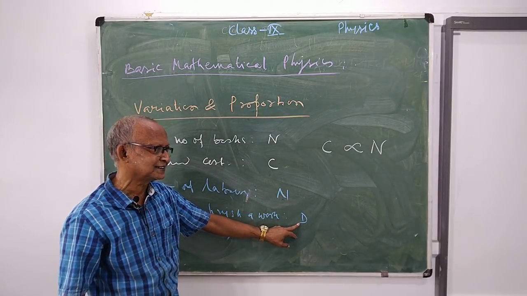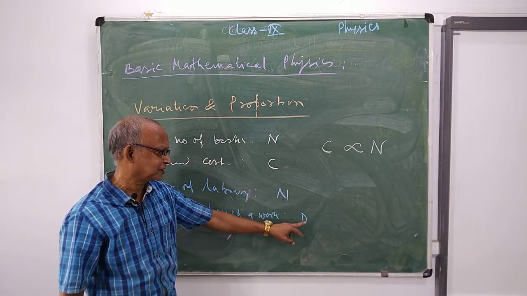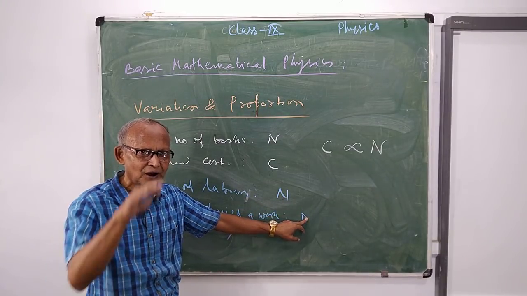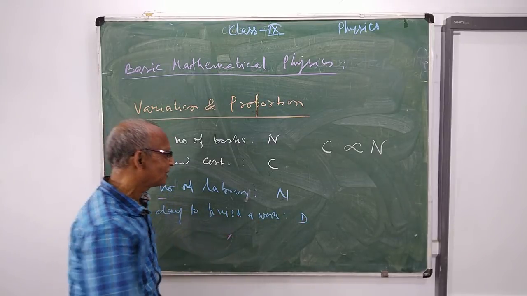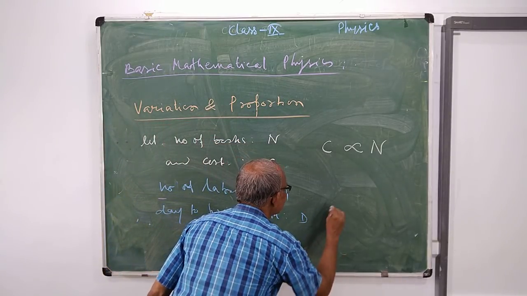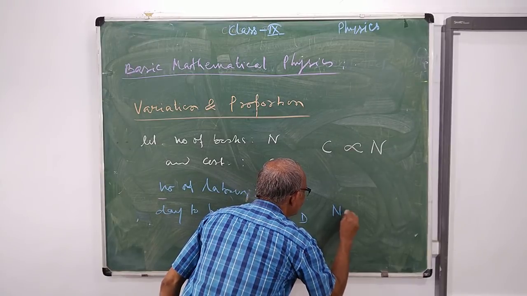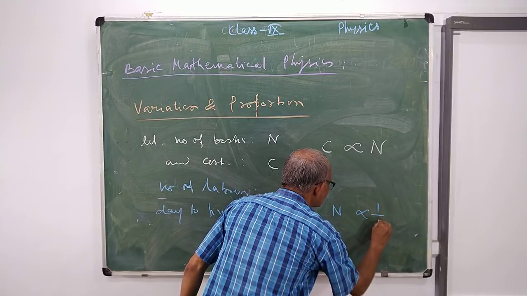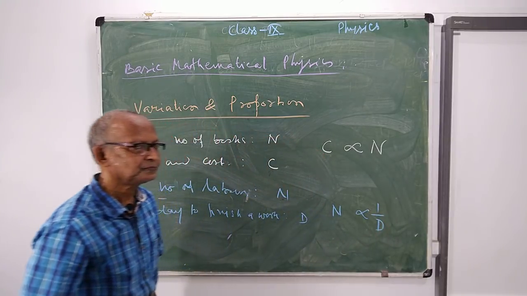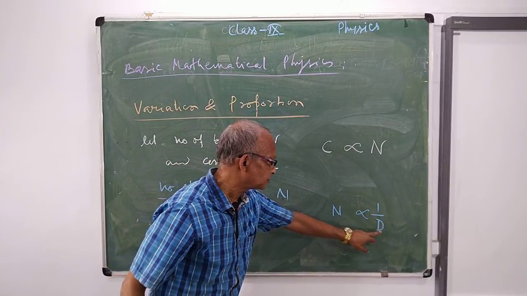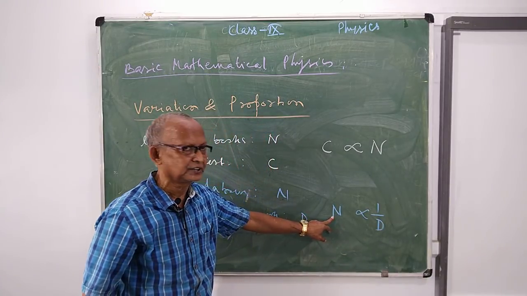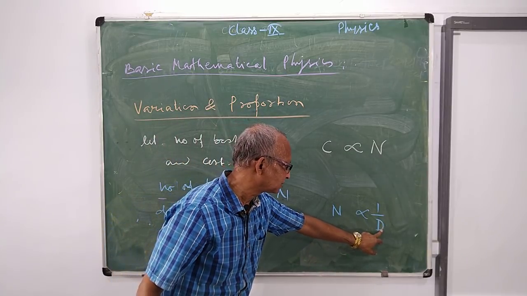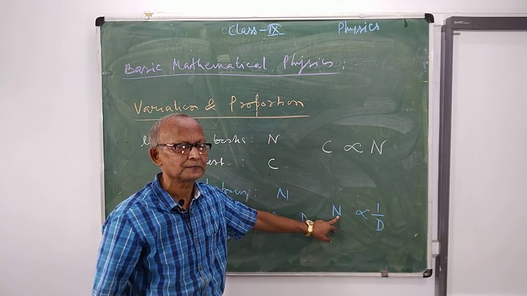Then how are they related? If the number of laborers increases, then the days to finish the work decrease. So how do we explain them? Here the number of laborers n is inversely proportional to days d. Check this. It means if d is increased, then n decreases. Vice versa, if d decreases, then n increases.